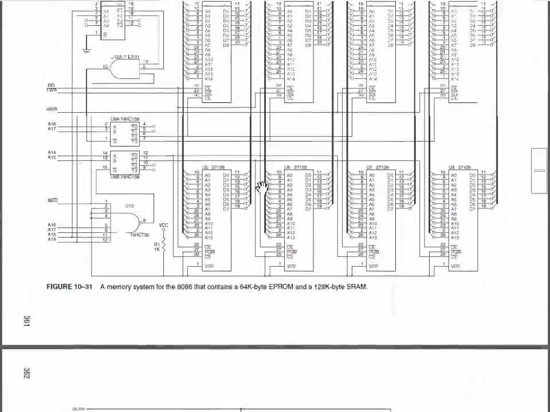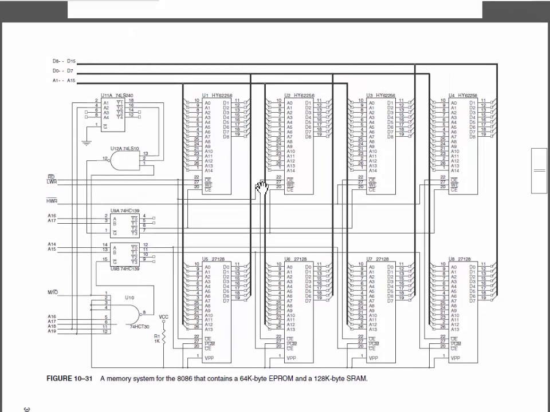So getting back to my earlier discussion, these buses right here, D8 through D15, D0 through D7, A1 through A15, A16, A17, A18, A19, those are all the address and data lines after we've separated them out with the address latch decoder and the gated latches.